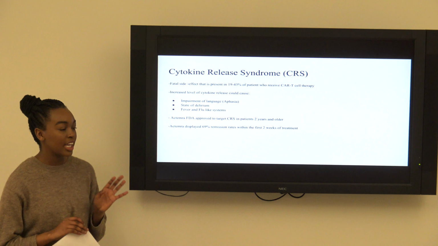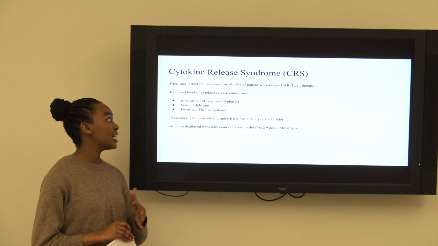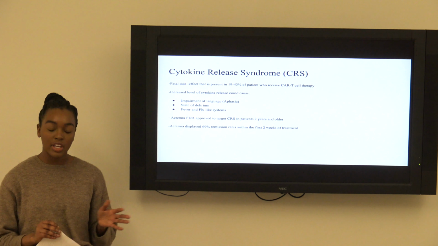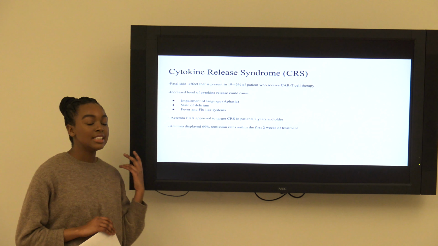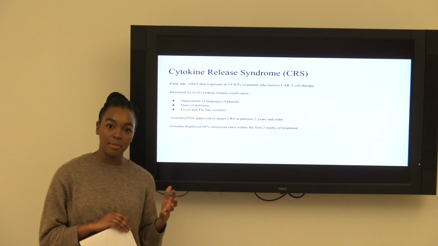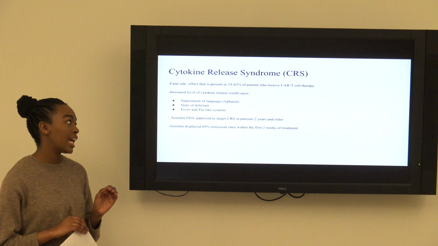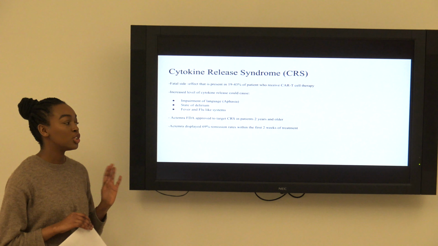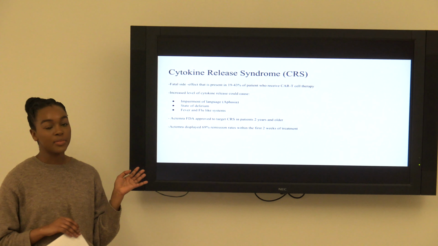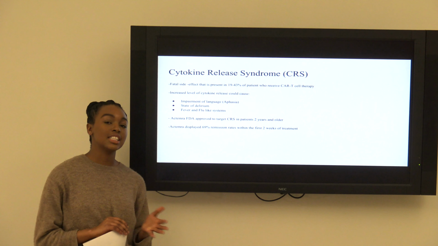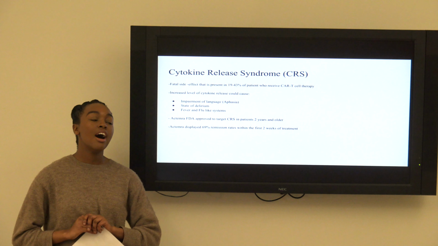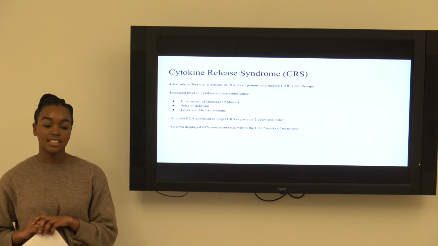Too much of it can first result in flu-like symptoms like fever, and then escalate dramatically into states of delirium and impairment. But luckily, the FDA has already approved a drug to treat CRS. A study was done testing this drug, and about 68% of the patients showed remission of CRS.